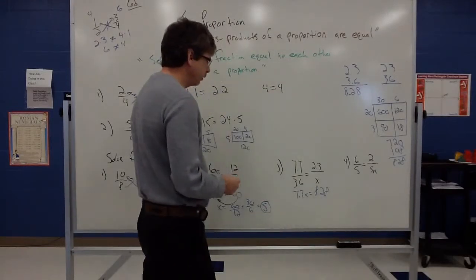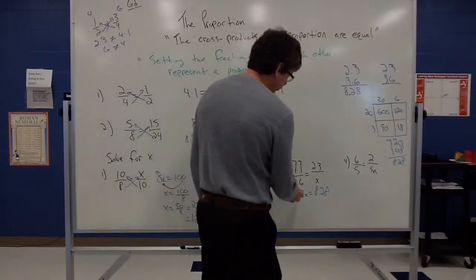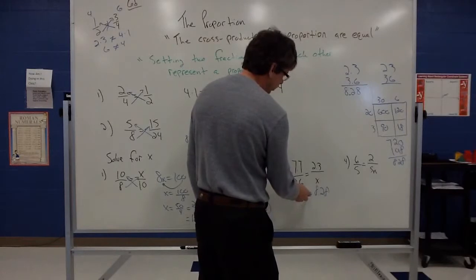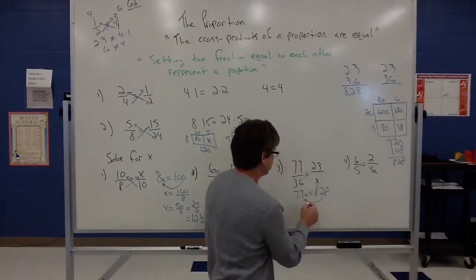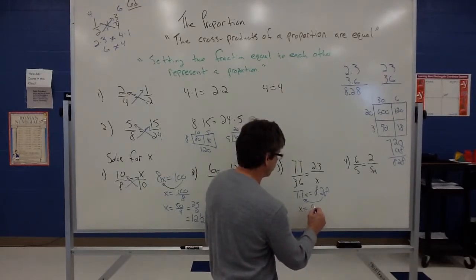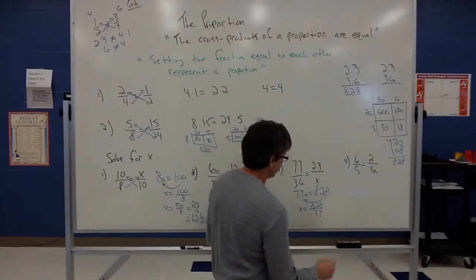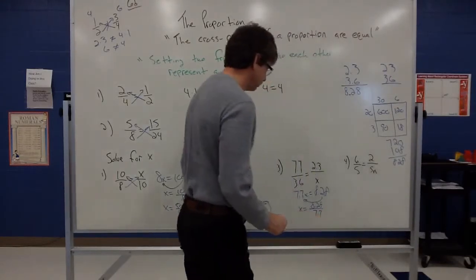So now we've got to figure out what's 7.7 times what number is going to give me 8.28. Again, what I can do is go backwards and divide out. So I could say x is going to equal 8.28 divided by 7.7.